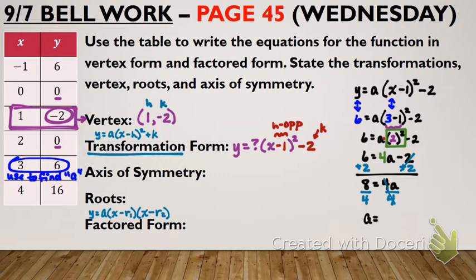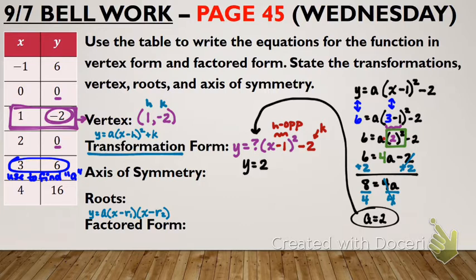A is 2. So I'm going to put that in the place of this question mark. So I would have y equals 2, and then inside parentheses, (x - 1) squared - 2. So there's my vertex form, my transformation form.